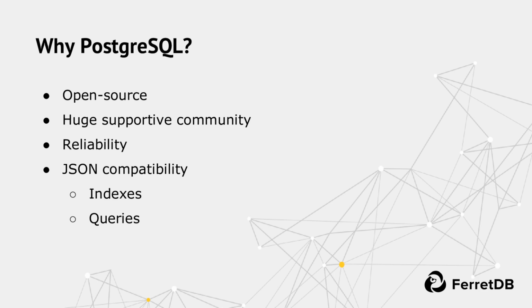And if we talk about document-oriented databases, then we should remember that PostgreSQL has really nice JSON compatibility, including the ability to index JSON data and to query JSON data. We will see how we work with those things a bit later. Okay, so now we have the storage, and we need to understand what needs to be done.